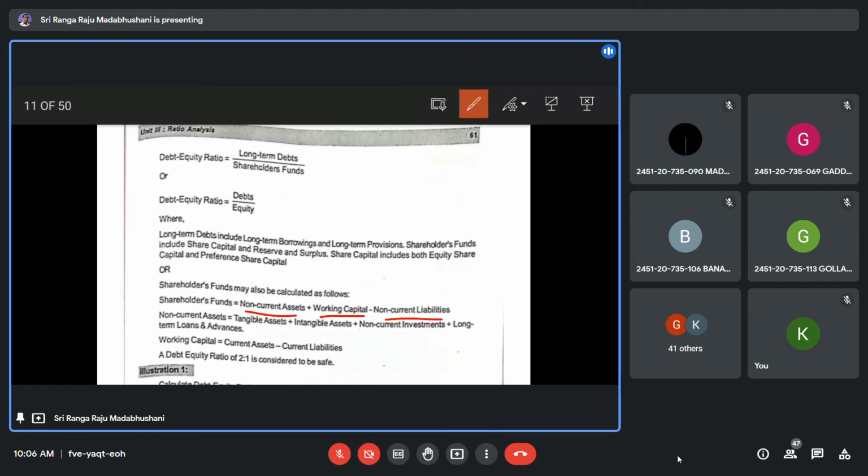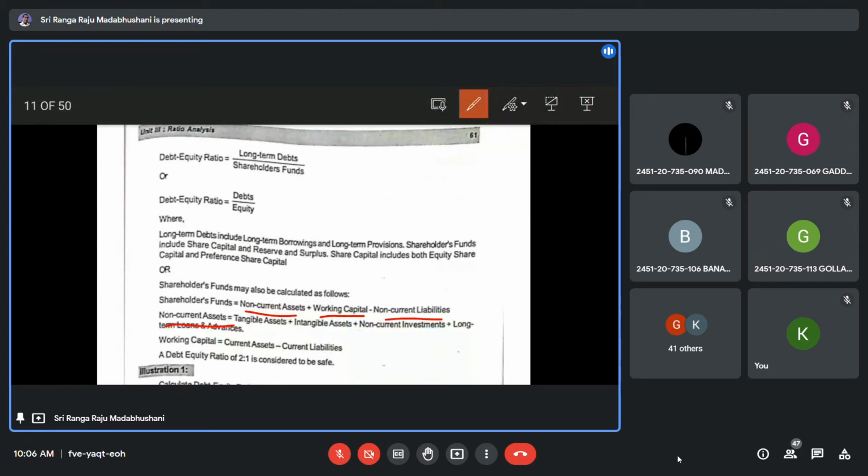So non-current assets means other than current assets, whatever we had seen so far. Other than current assets means fixed assets. In fixed assets, we know there are tangible and intangible assets. And any long-term investments, non-current investments, and any loans and advances given for a longer period, the sum of that will become non-current assets.